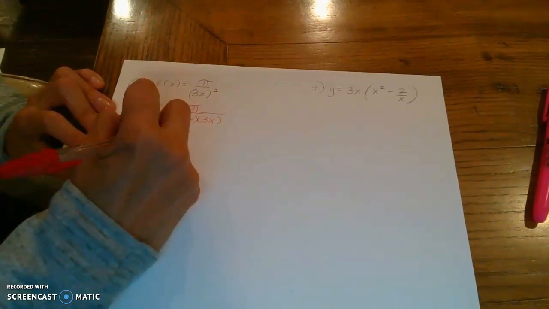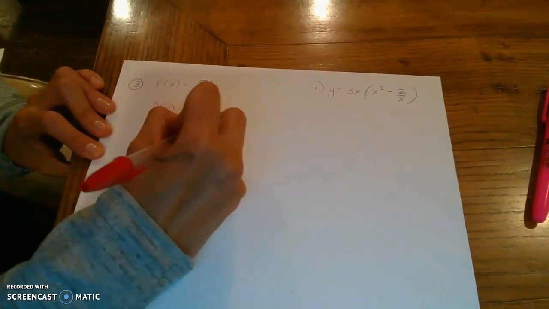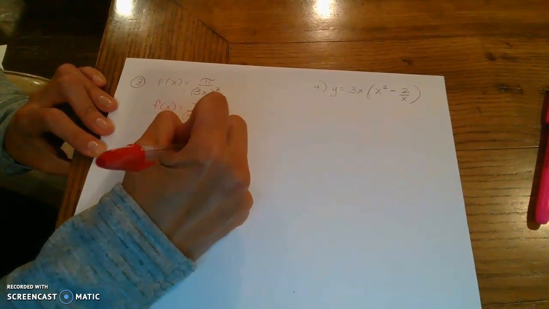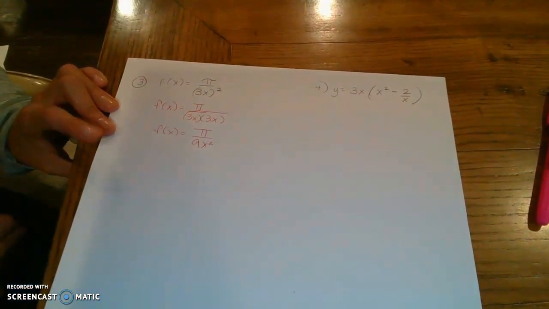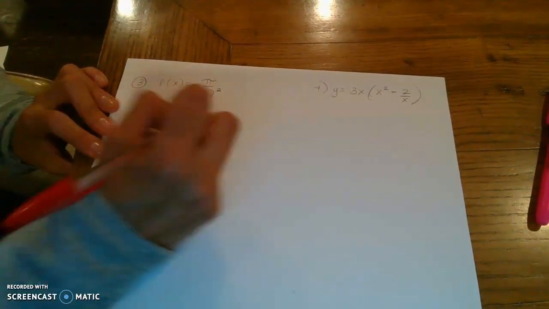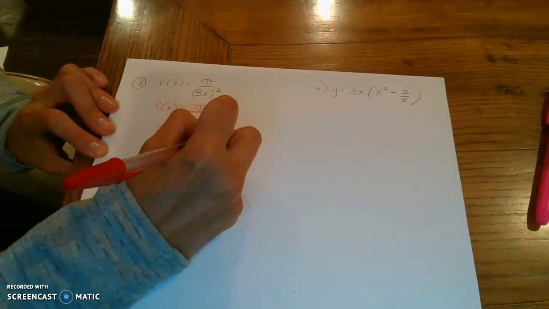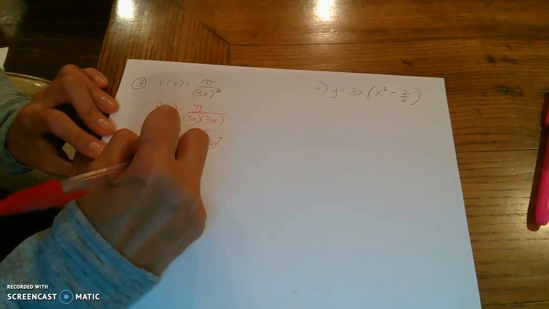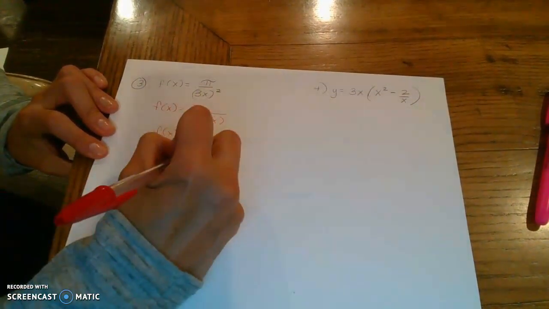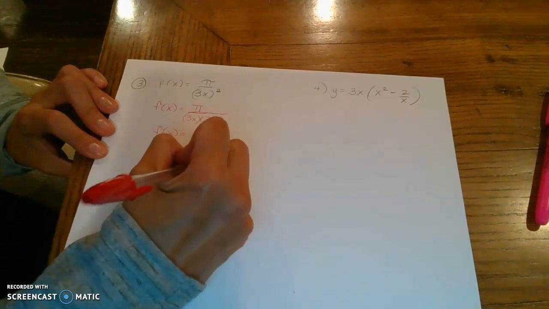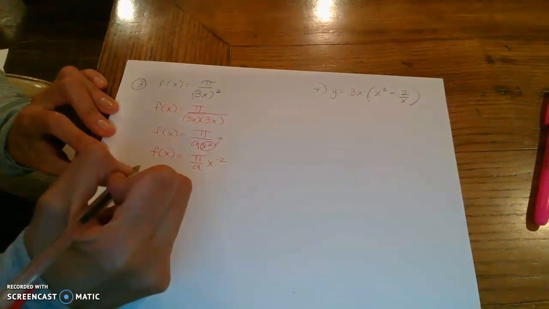And when that happens, I get f of x is equal to pi over 9x squared. All right, now I'm ready to rewrite the function and just bring that x squared up. And again, I haven't changed this to f prime of x because I haven't taken the derivative. This is just pi over 9x to the negative 2.